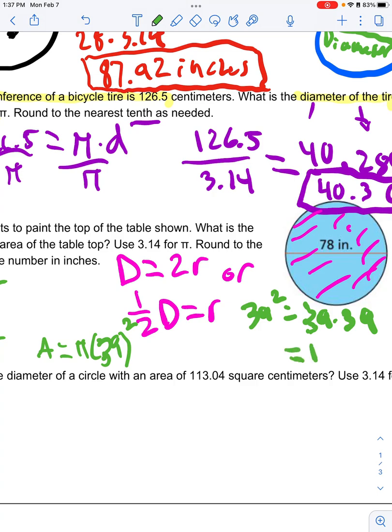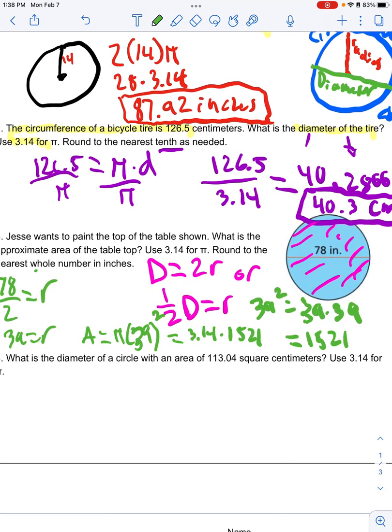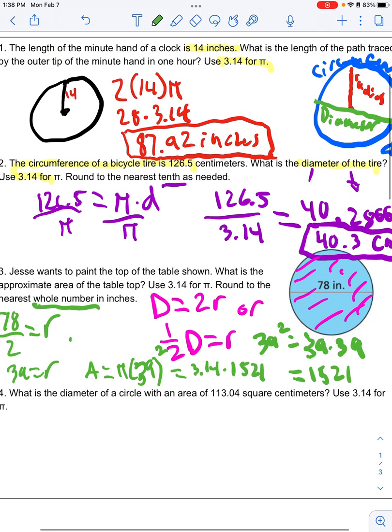So my 39 squared equals 1,521. So I'm going to take 3.14 times 1,521, and get an answer of, it says to the nearest whole number in inches. So I got an answer of 4,775.94, which means I'm going to round up to 4,776 inches squared.